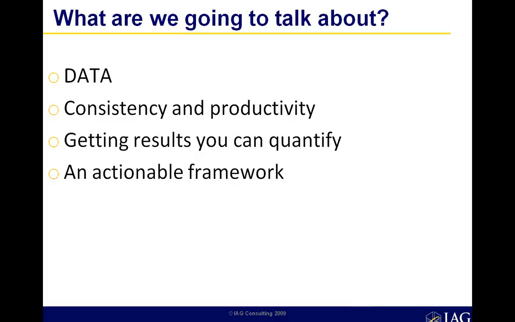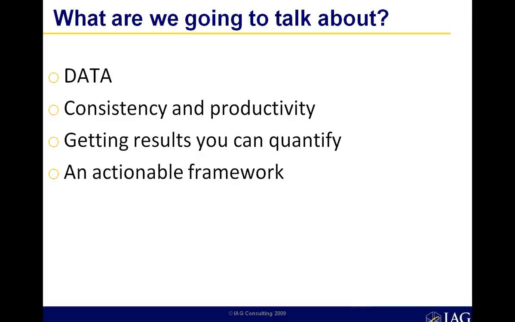We're going to be talking about consistency and productivity, and I'm going to reinforce that as we go through. It's okay if you're a one-analyst organization. There's a lot of things that you can do. The challenge that a lot of organizations get into is when you scale to 10, 20, 30, 300, 400, 500 analysts all the way through your organization, what happens out there? How do you maintain consistency?